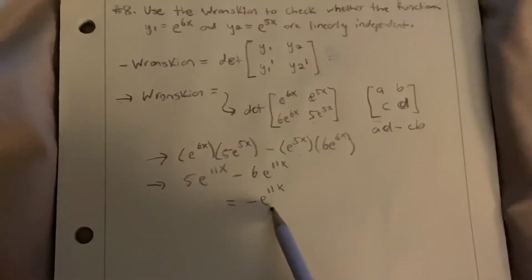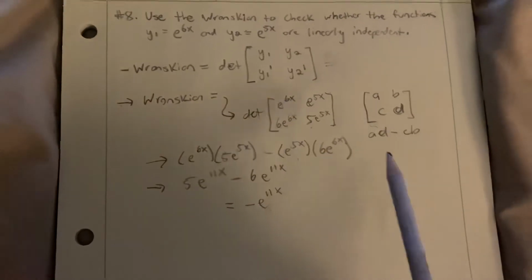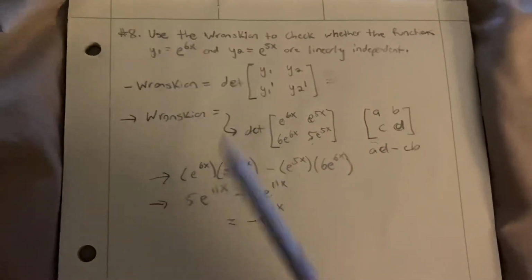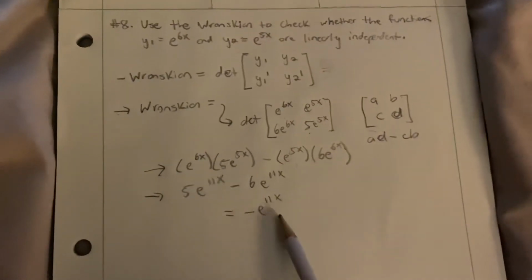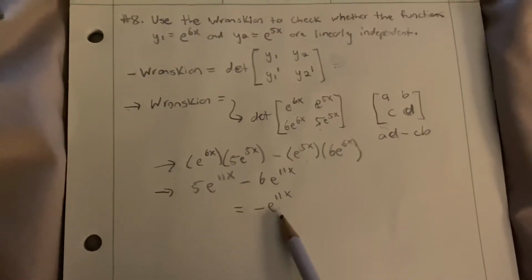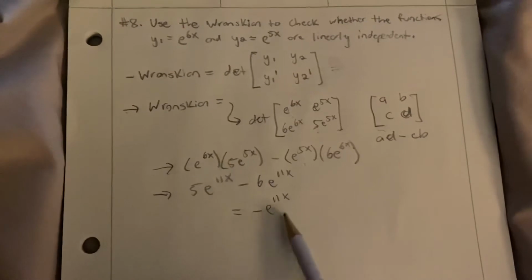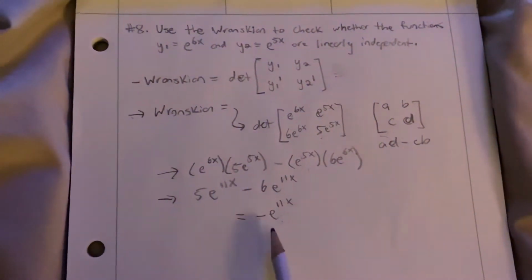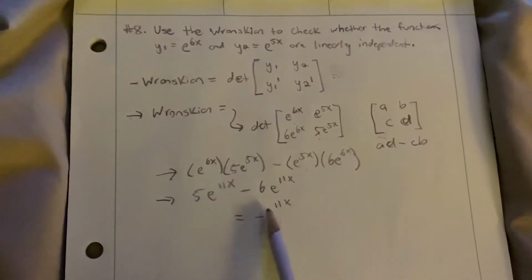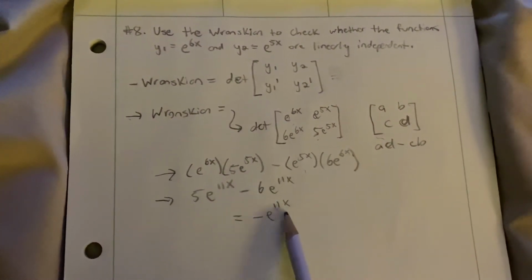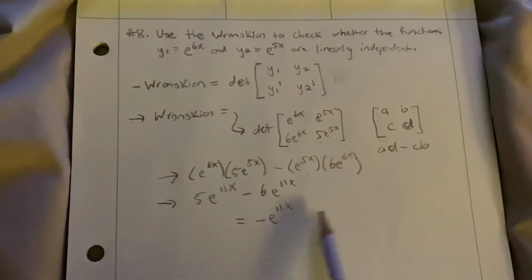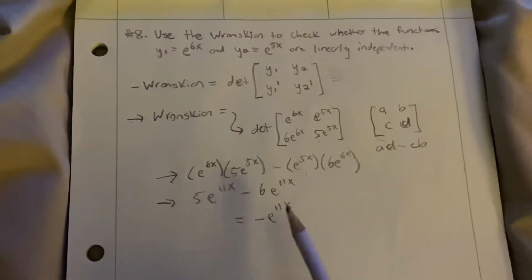And to see whether our two functions are linearly independent, what needs to happen is that for all values of x we could plug into this, it has to be non-zero. Now if we plug any number into negative e to the 11x, for every x value it's going to be non-zero.